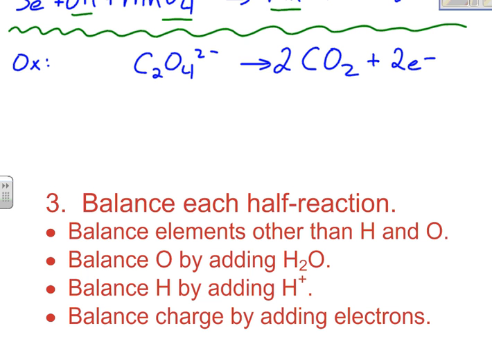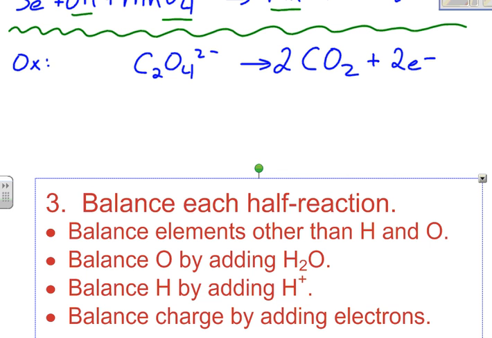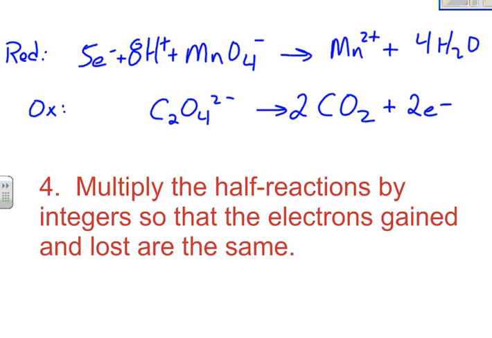Now let's get rid of this part here. So here I put the two half reactions together, and we're going to use rule number 4, which says to multiply the half reactions by integers so that the electrons gained is equal to the electrons lost. So let's see.